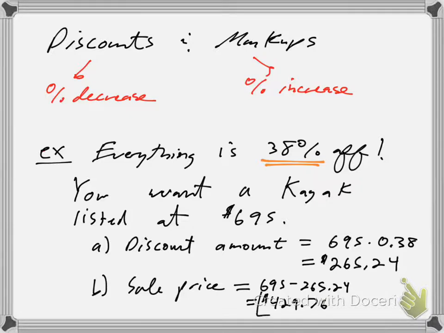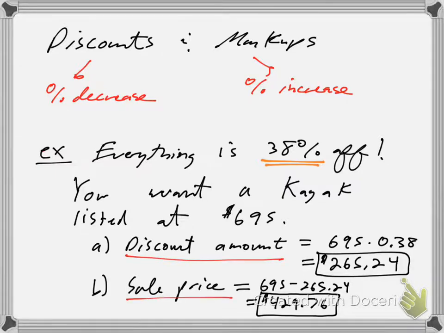So depending on what they ask you, whether they ask you the discount amount or the sale price, you can calculate either. They might ask you this or that, depending upon the problem. Okay? So this is how, in general, we find percent increase or decrease.